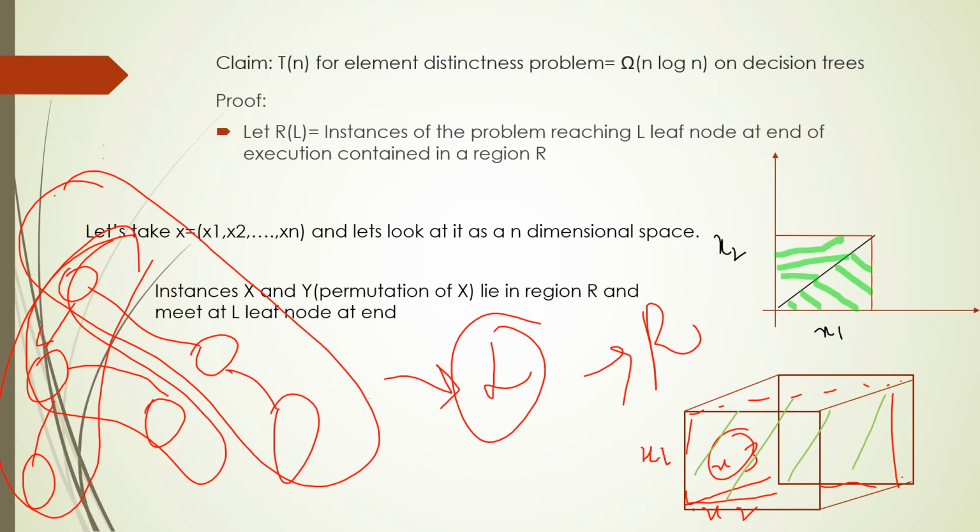So what we are saying is, when there are 2 points that reach a leaf node L, then all the points on the straight line between them are inside the region and do not go outside it. Our overall proof is this: let's take x, which has x1, x2, x3 and so on till xn, and we have another one called y.